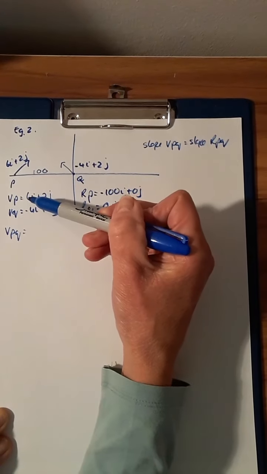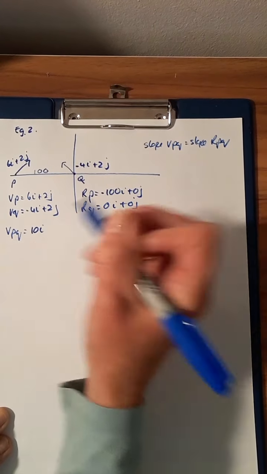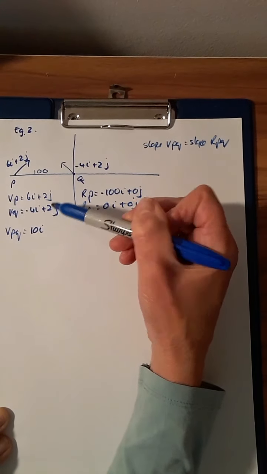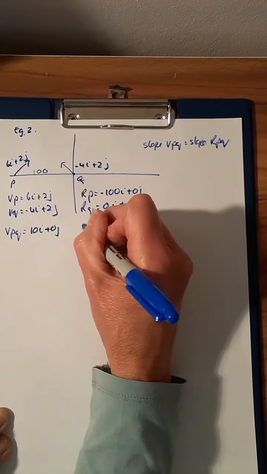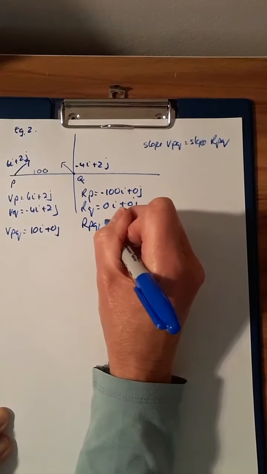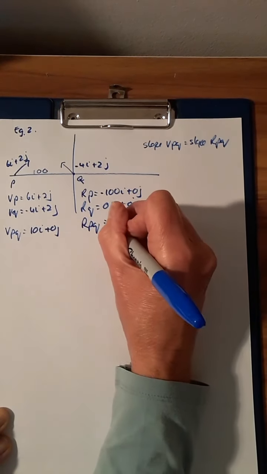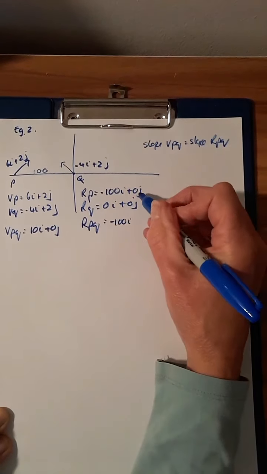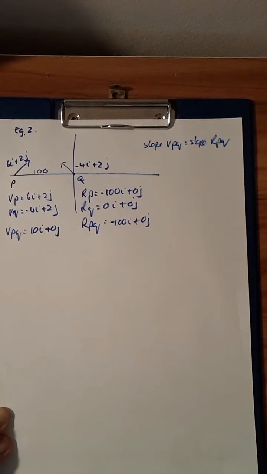So 6i minus minus 4i gives me plus 10i, and 2j minus 2j would be 0j. And if I do the same over here, what's the RPQ? The RPQ will be minus 100i minus 0i, which is just minus 100i, and of course 0j minus 0j will just give me 0j.